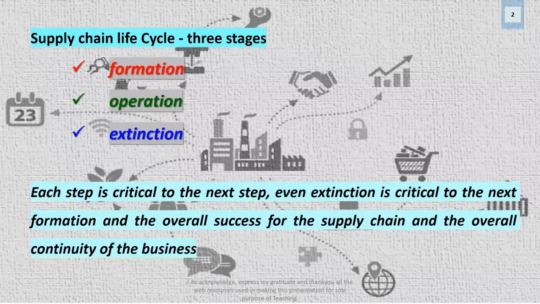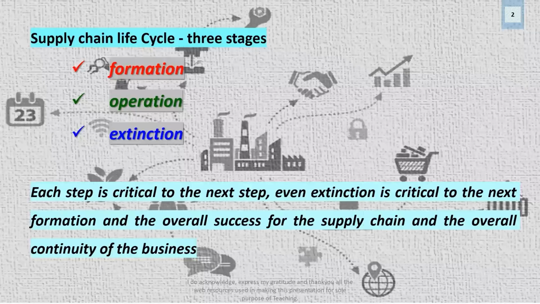And to keep it sustainable, you keep changing your products and services so that you are acceptable, always working in relevance to customer demand. You are providing the customer what they need, and as per the customer's need, you are changing the type of production or the type of services you are providing. So to have continuity of business, it becomes an extinction to formation journey.